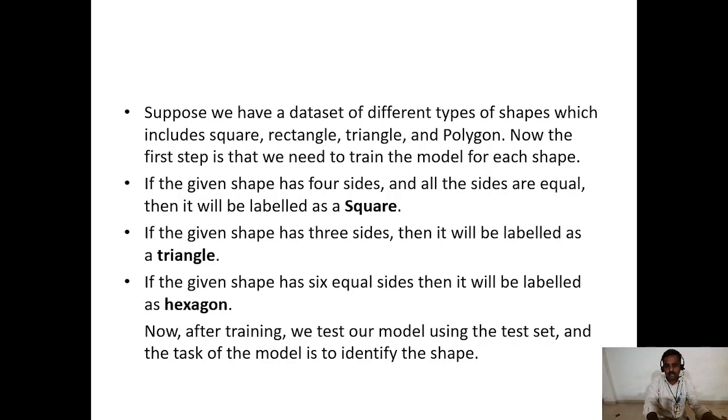Now the first step is that you need to train the model for each shape. If the given shape has 4 sides, and all sides are equal, then it will be labeled as a square. If the given shape has 3 sides, then it will be labeled as a triangle. If the given shape has 6 equal sides, then it will be labeled as a hexagon. Now after training, you test the model using test set data, and the task of the model is to identify the shape.